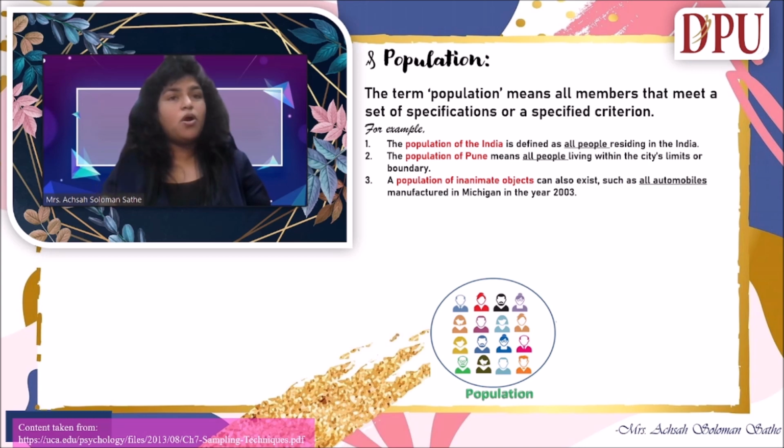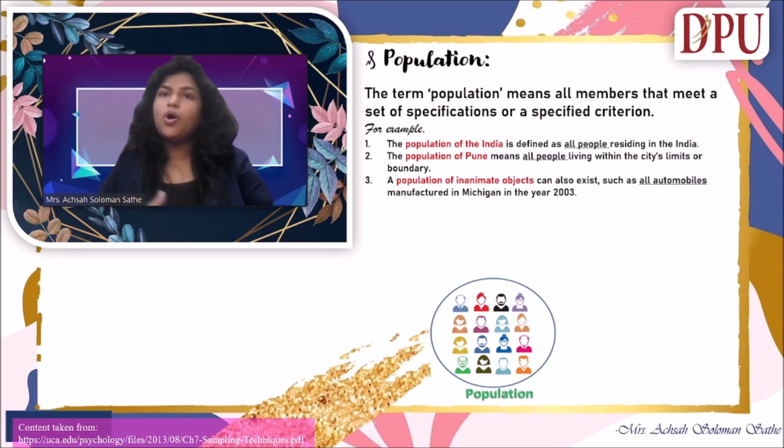That can be a boy, it can be a girl, it can be an old man, an adult, it can be a Jain, it can be a Christian, it can be a Hindu, it can be a Muslim. Every single person living or residing in the city of Pune will be termed as a population of Pune. A population of inanimate objects also can exist, such as all automobiles manufactured in Michigan in the year 2003.